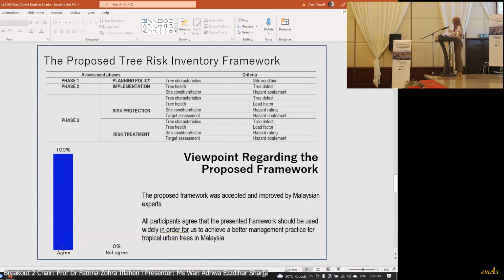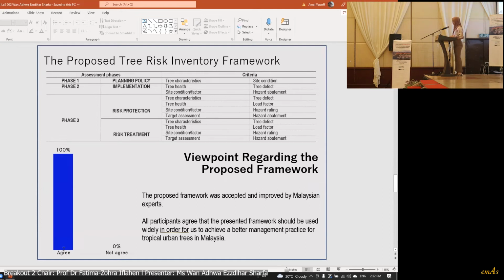All right, so this is the proposed framework that has been presented to all 10 experts. All of the experts agree with the framework, as you can see, 100% from the bar charts.